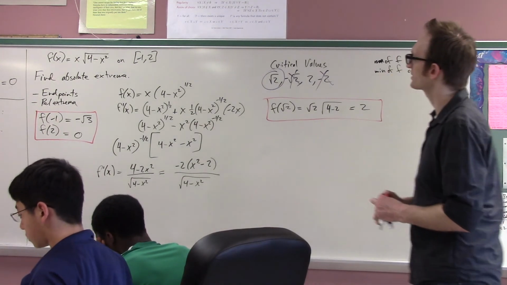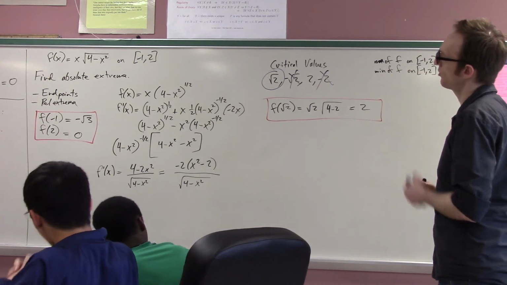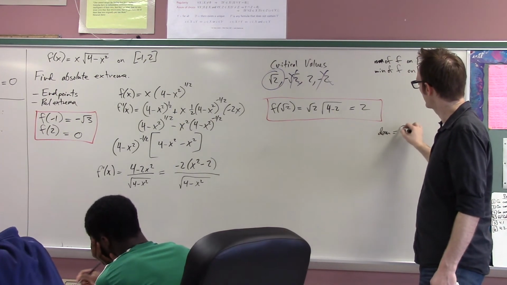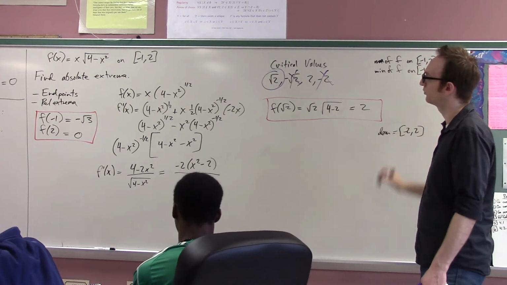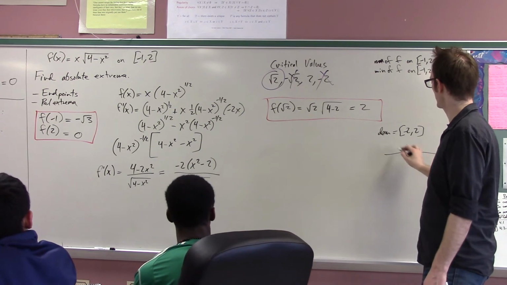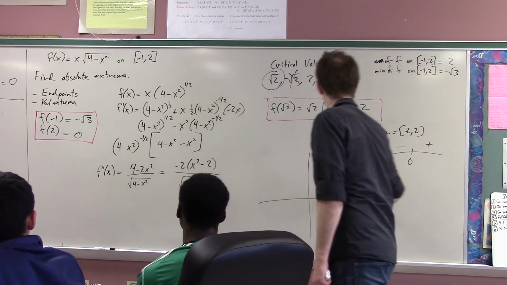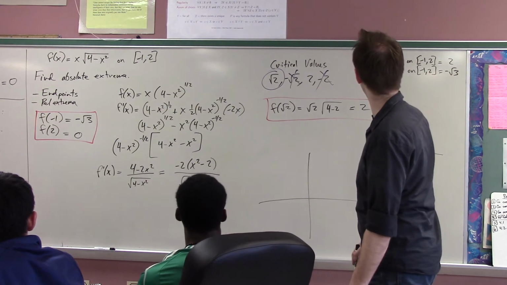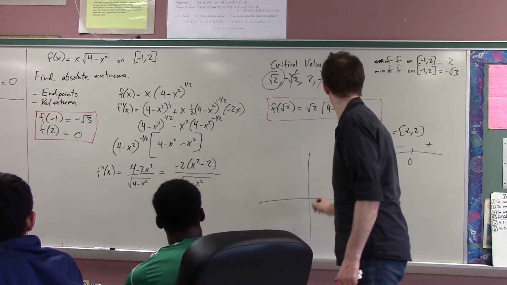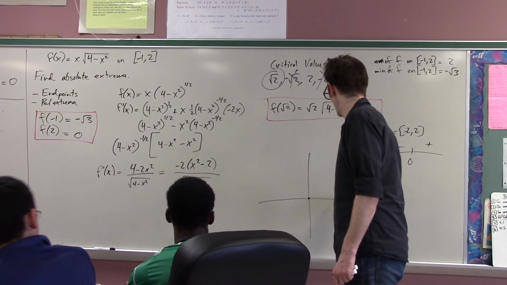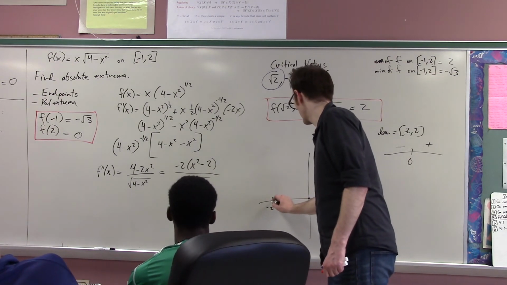Alright, what does this function actually look like? I just kind of know by experience. The domain is going to be everything from -2 to 2, and the sign chart is going to be negative, positive. And here's what I just learned: it goes through the origin. At 2, it's 0. At -2, it's also 0.